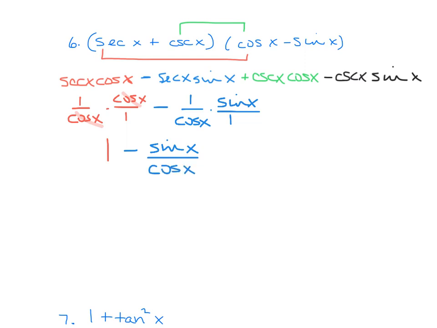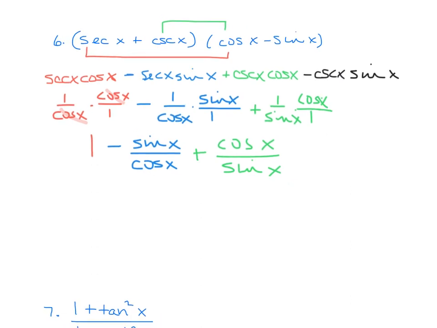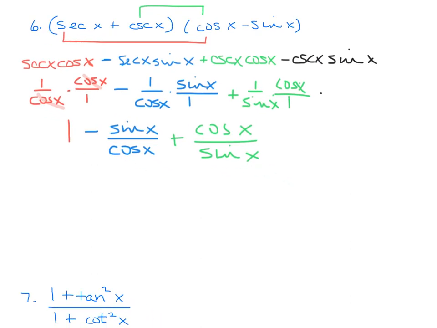The green, cosecant is the reciprocal of sine. Going to multiply that. So cosine x over sine x. And then the last one in black, the reciprocal of cosecant.